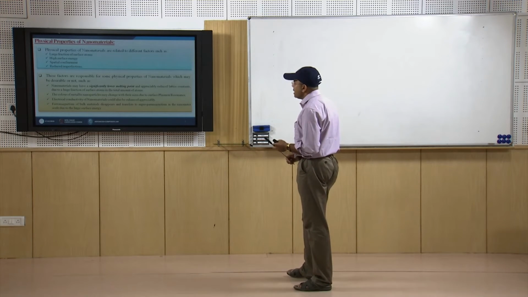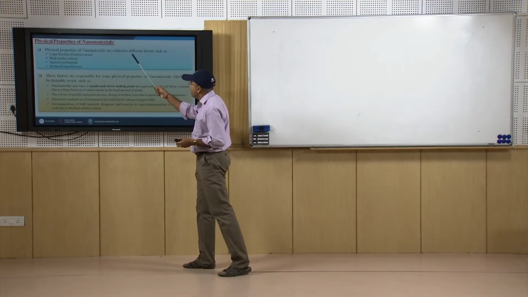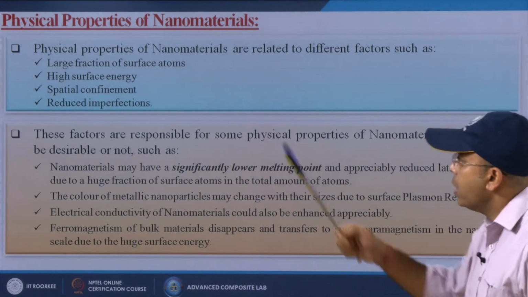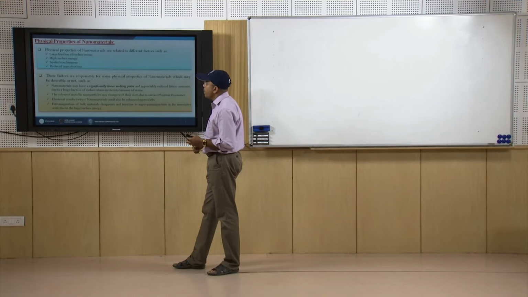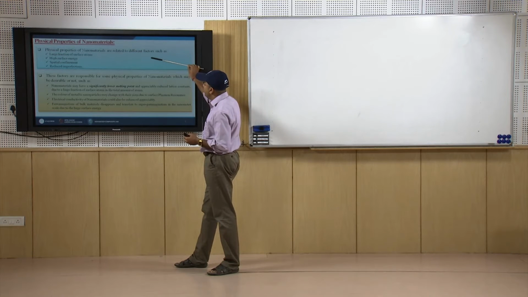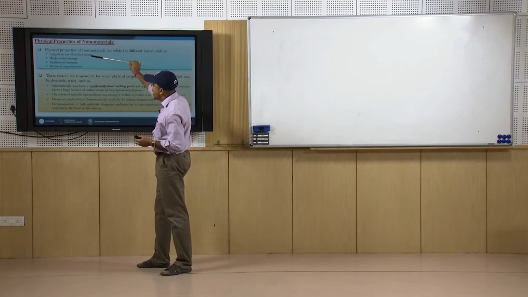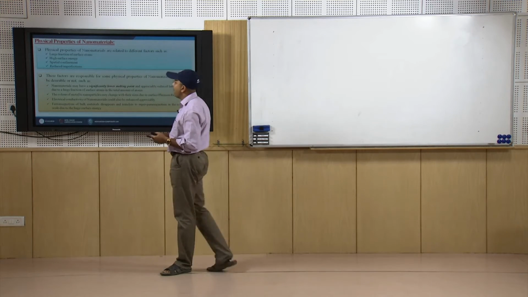So, first is the physical properties of nanomaterials. Physical properties of nanomaterials are related to different factors such as large fraction of surface atoms, high surface energy, spatial confinement, and reduced imperfections.